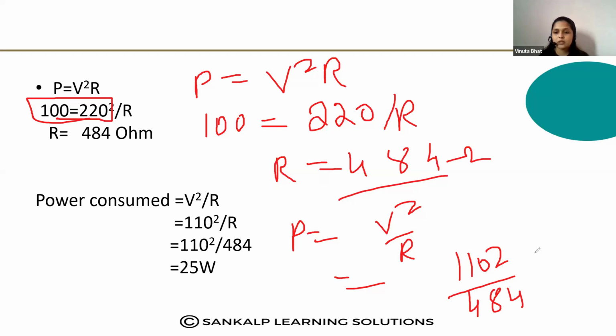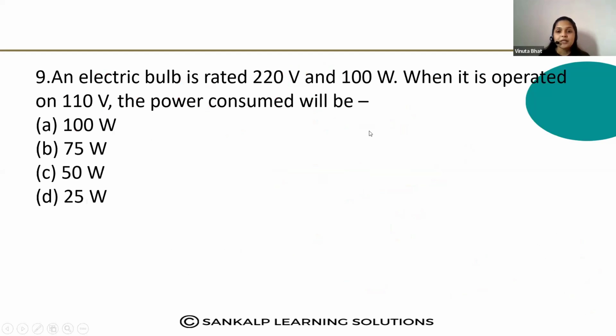So when you solve 110 into 110 divided by 484, you will get 25 watt. So the correct answer is 25 watt. Here option D is the correct answer.